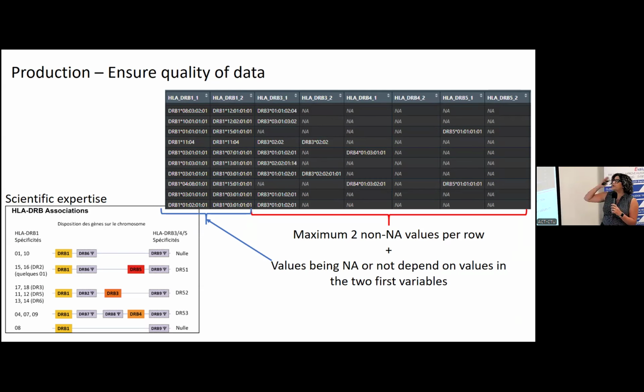We know that the values of these 6 columns are dependent on the values in the first 2 columns, from scientific expertise that was shared by the science team. So we use this figure as a reference to validate the values in these alleles. And again, at every extraction, we find inconsistencies that we have to explore and investigate.